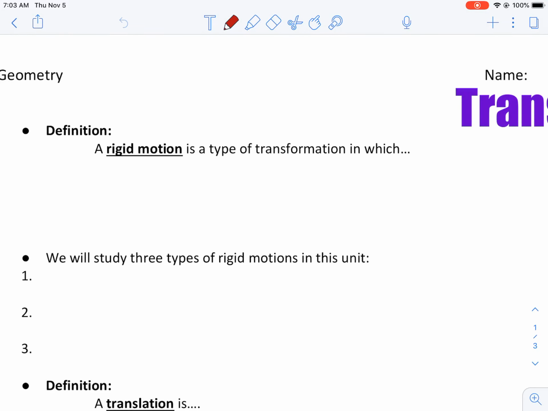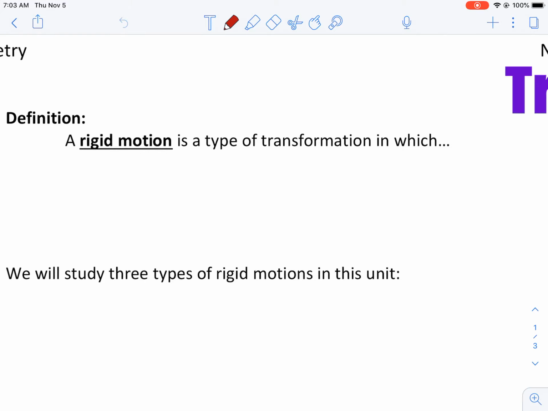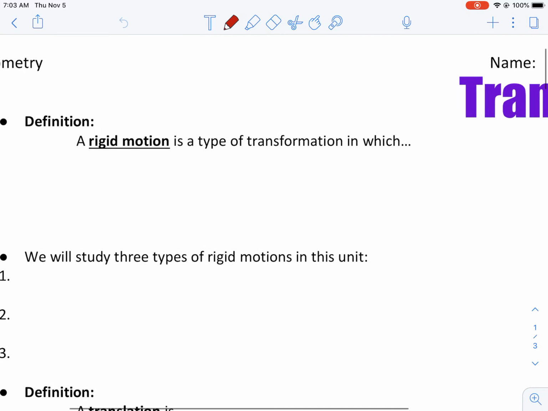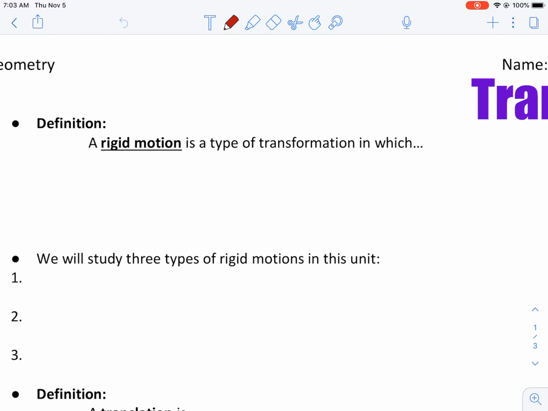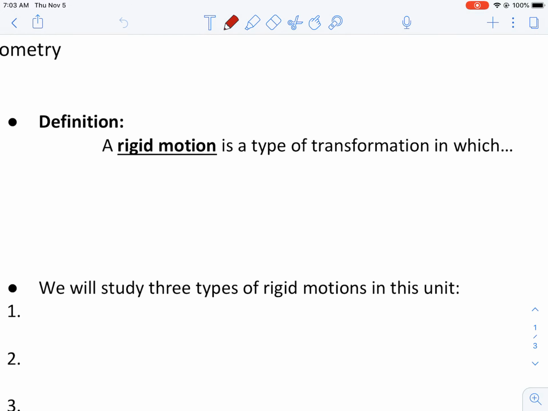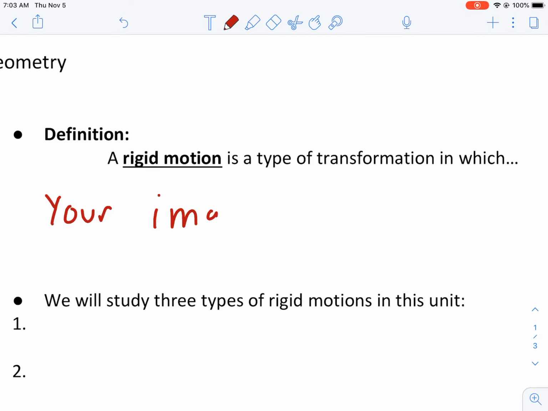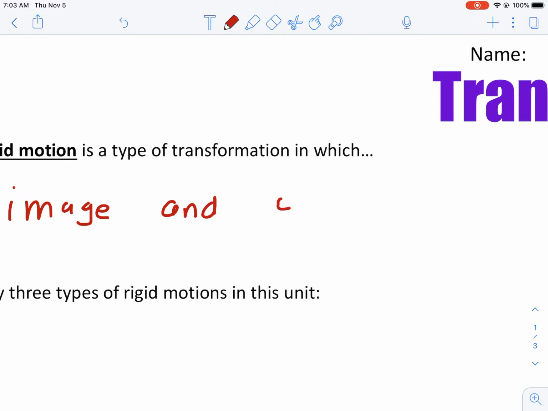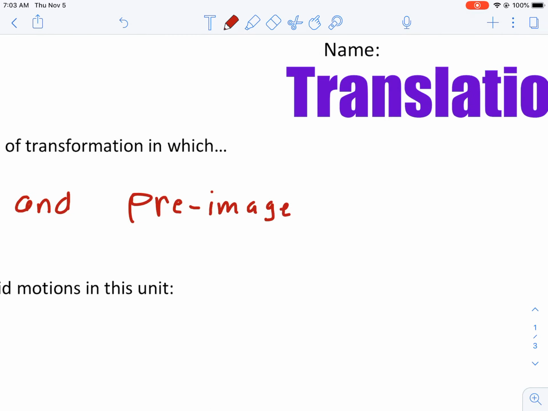So the first thing we're going to talk about is a rigid motion. All right, what is a rigid motion? It's kind of a weird definition. A rigid motion is a type of transformation in which your image and pre-image are congruent.